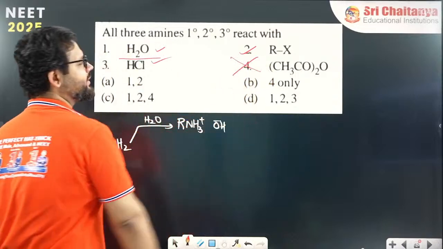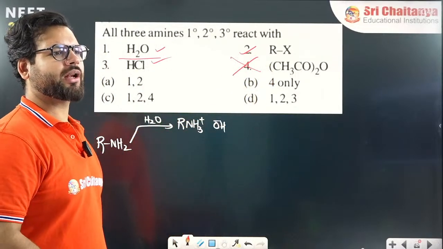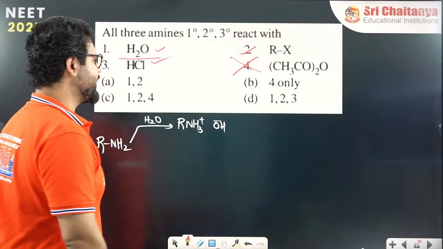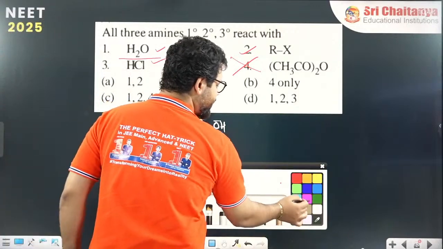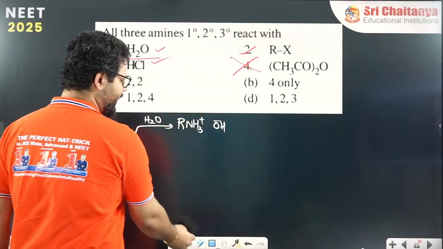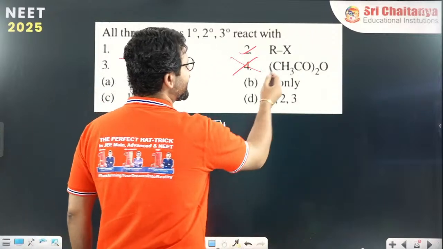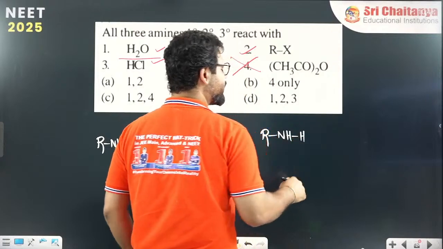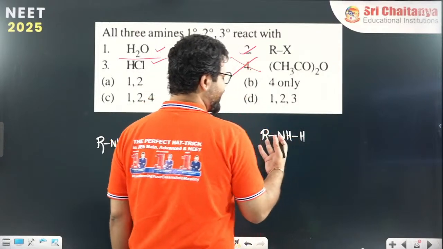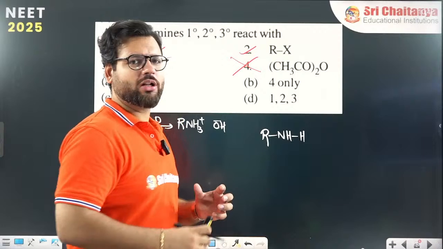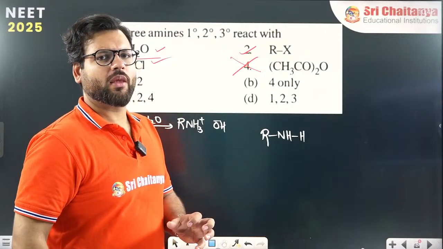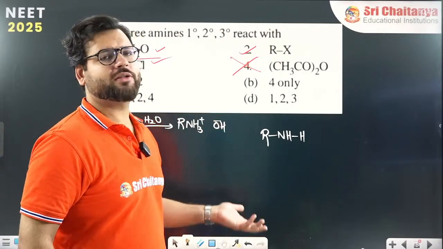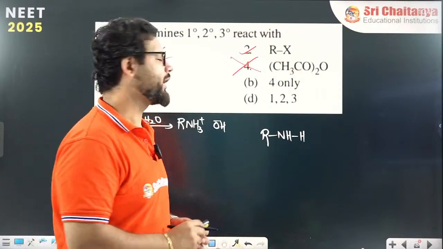Acetylation, primary and secondary can undergo, but tertiary cannot undergo acetylation. Okay, tertiary cannot undergo acetylation. But the last step was this only. Whenever you take any primary amine, RNH2, just like you have esterification reaction for alcohols, for amines we call it acylation or acetylation.